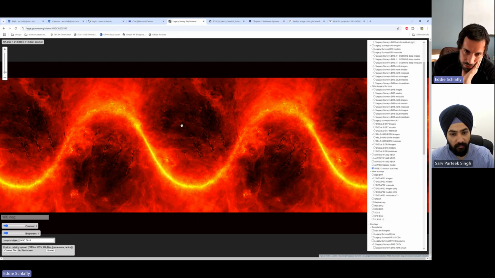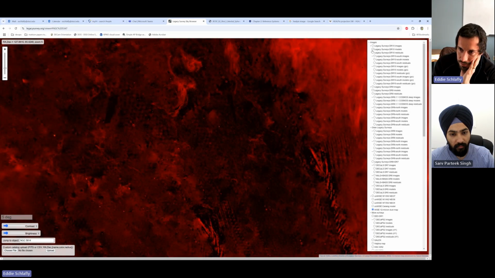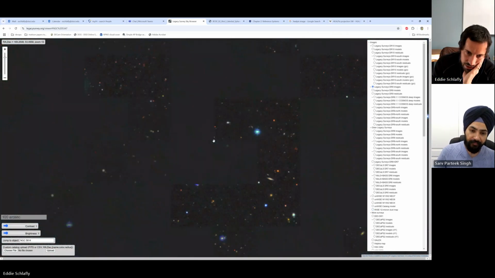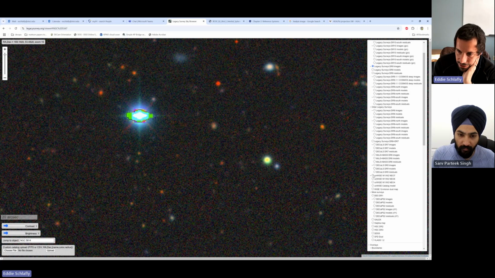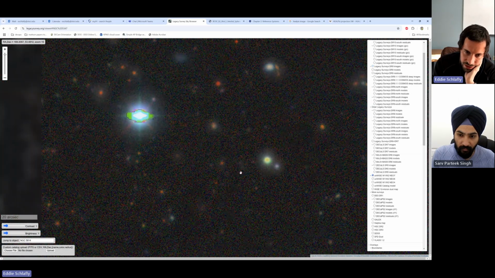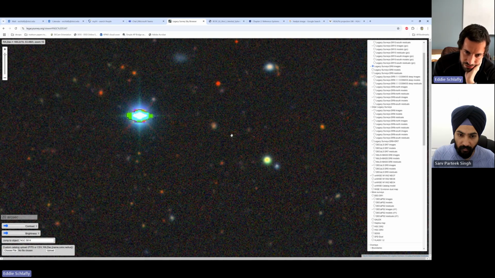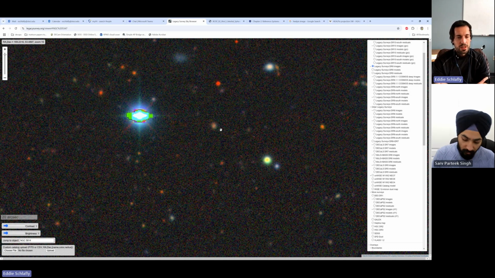I was showing before that if I zoom in enough, here's an optical image of the sky, and I compared it with a WISE image of the sky. The WISE image looks blurred out and hard to see, whereas the optical image looks much sharper, and so you can make ever sharper measurements of the sky to see more precisely what the shapes of objects are.